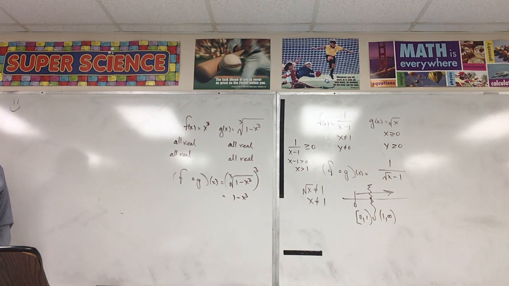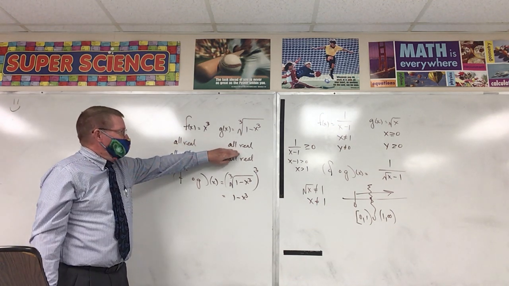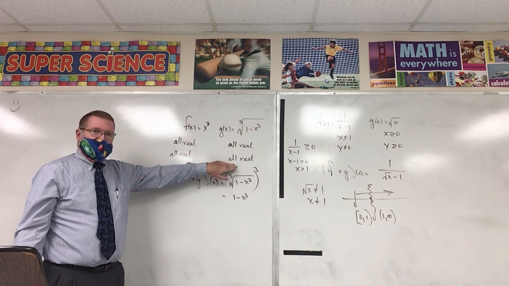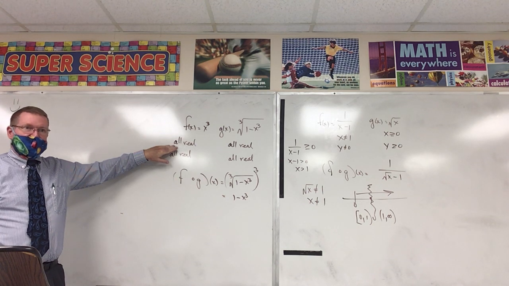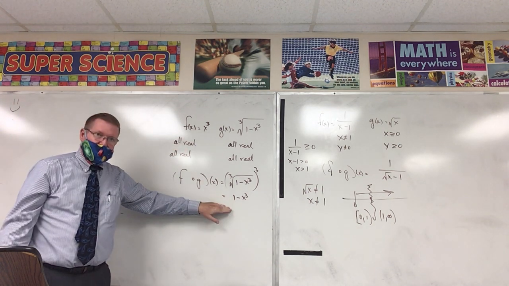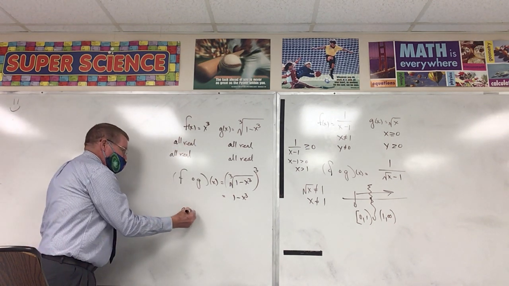What's my domain here? What's my result? Can I use all real numbers in this equation? Yes. So therefore there's nothing to adjust. Yay. Because my result is equal to something that I can use. Flip it around.